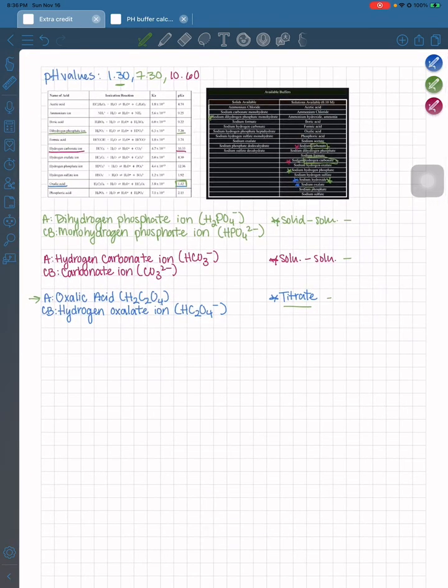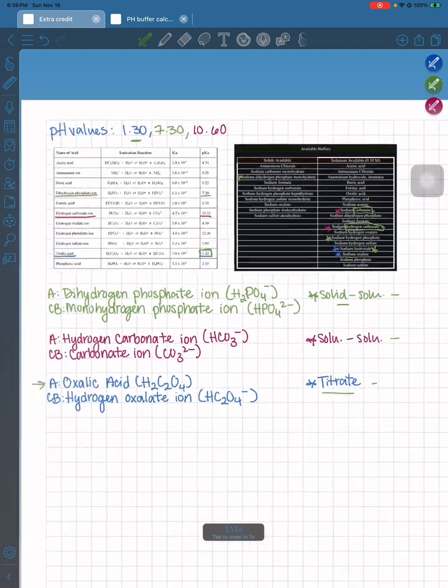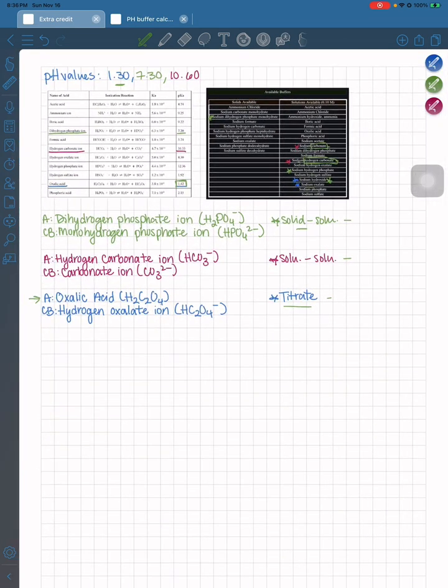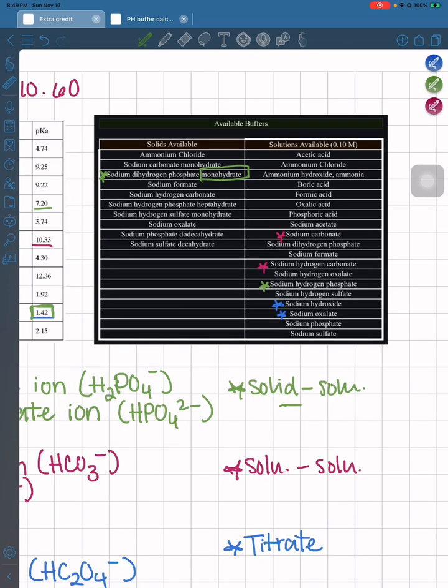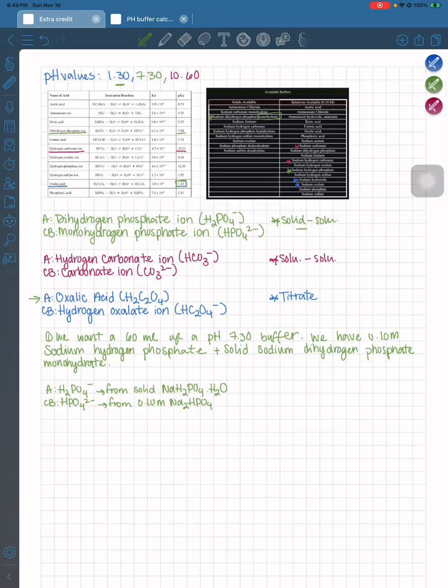And that only leaves us with our solid solution, and I went ahead and picked sodium dihydrogen phosphate monohydrate and sodium hydrogen phosphate for my 7.30 pH.